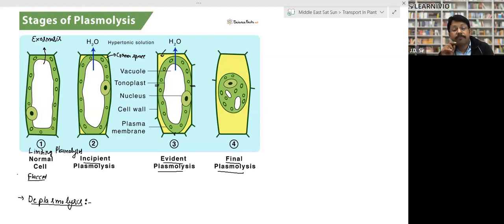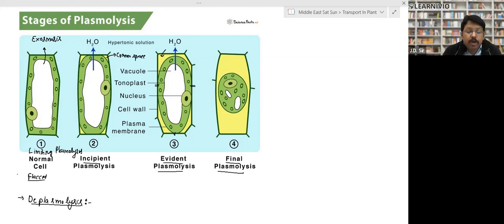What will happen? If immediately after plasmolysis you keep the cell in water or hypotonic solution, the cell will regain its original shape. This is called deplasmolysis. But this is only possible if you do it immediately; after some time the reverse process will not be possible. When the cell takes in water, this is called endosmosis. When water goes out, this is called exosmosis. So deplasmolysis is the process of endosmosis. Please note it down.